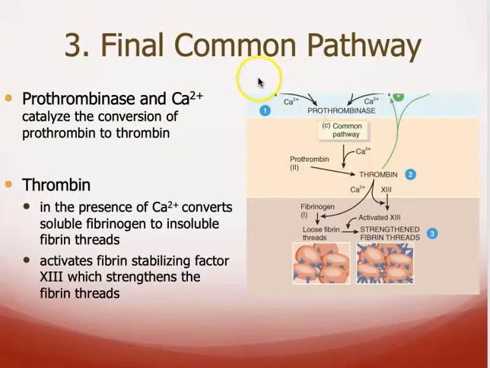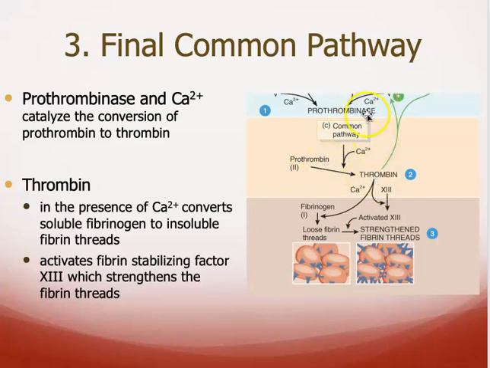You can see these two a little bit in this image. You're either coming from this direction or this direction to form that prothrombinase, which then leads into what we call the common pathway, because whether it's extrinsic or intrinsic, this is now the same between the two. Prothrombinase, along with calcium, will convert prothrombin into thrombin.